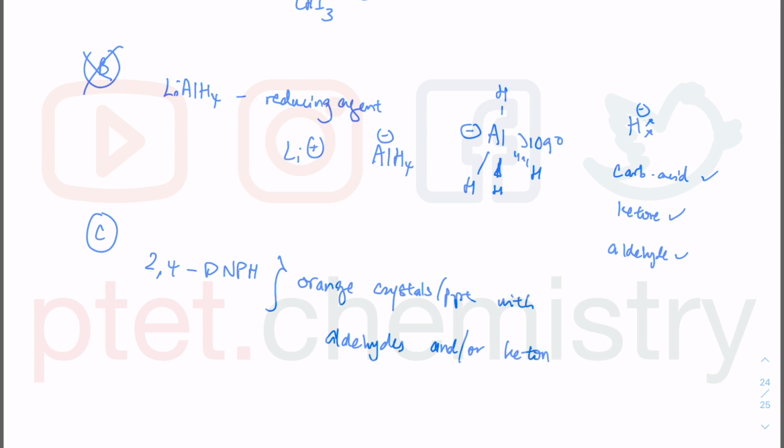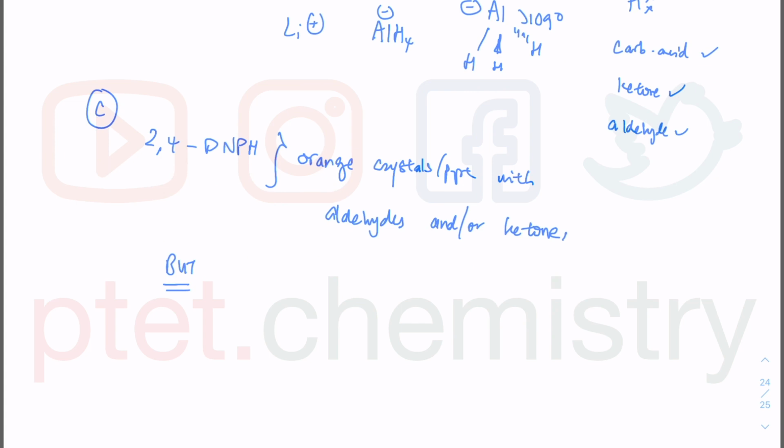So it's a classic test for aldehydes and ketones, but together they say no reaction with Fehling's. No reaction with Fehling's means it cannot be an aldehyde. Therefore together these tests will confirm that it must be a ketone, because it cannot be an aldehyde.